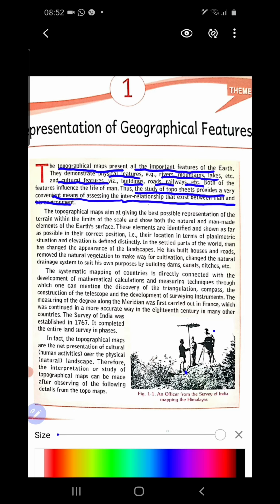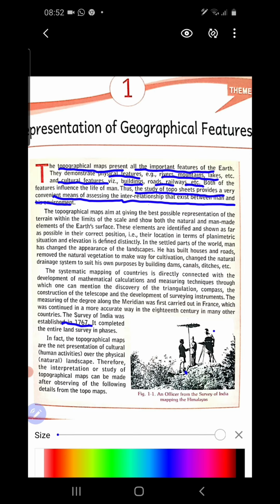Now, in which year did the topographical map come into existence? We started making topographical maps, children, in the year 1767. It was the British who for the first time made the topographical map of India. Why? Because they needed to carry out administrative activities in our country.